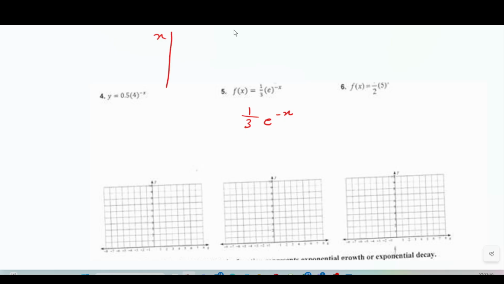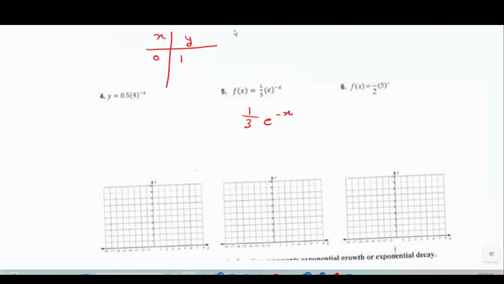So x and y values. If I put x as 0, then y is going to be anything to the power 0, which is 1. Anything to the power of 0 is 1. So this is 1.